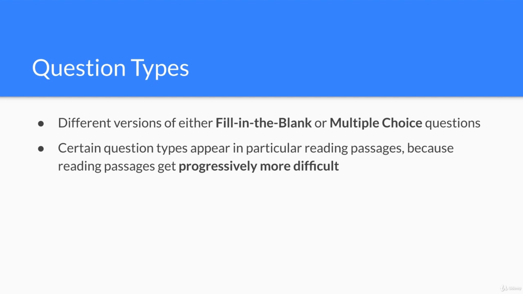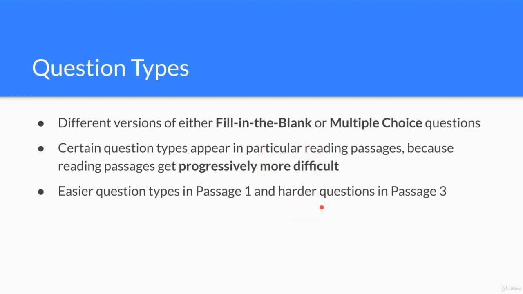So because of this structure, you're going to see questions at different levels of difficulty as you progress through the test. So for this reason, there are going to be certain questions that only appear in reading passage number 3, but not necessarily in reading passage number 1. So this doesn't always happen, but oftentimes this is what happens.